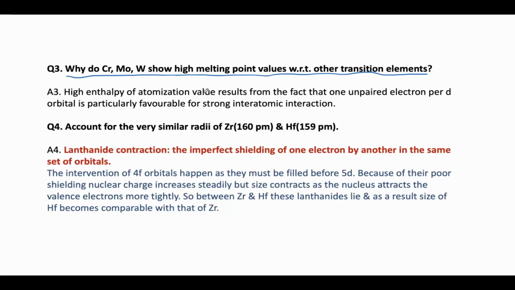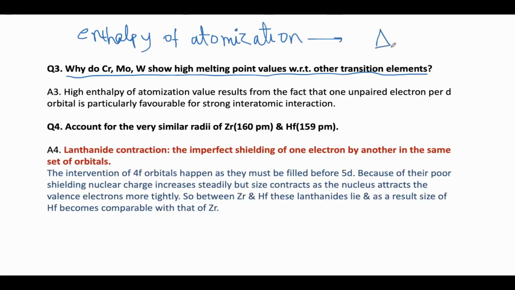Here I will show you one trick. Firstly, the melting point depends on the enthalpy of atomization. This is denoted by the symbol delta A H, and its most acceptable unit is kilojoule per mole.